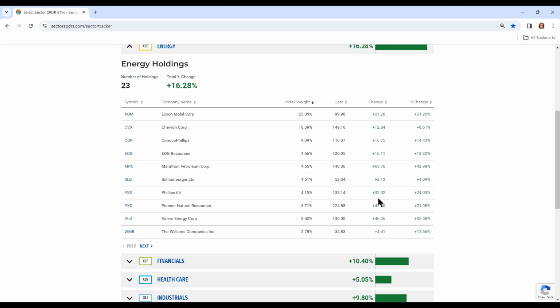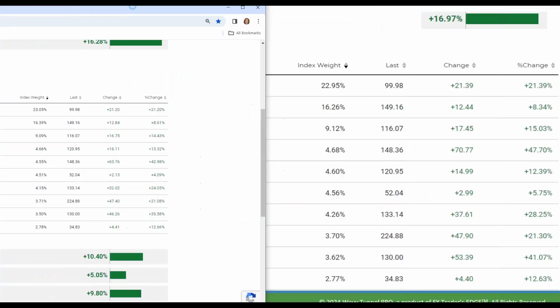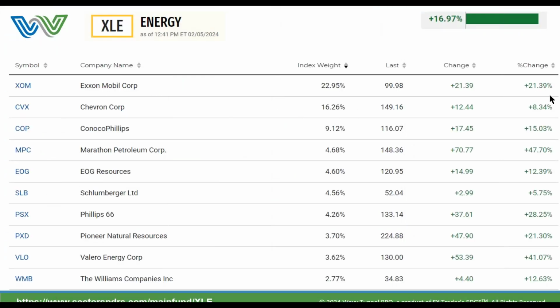And this is the change in dollars. Okay, so we had some significant moves. For example, the biggest winner was Marathon Petroleum Corp, up 43% for the year so far. So let's just go back, and it's right here, okay?